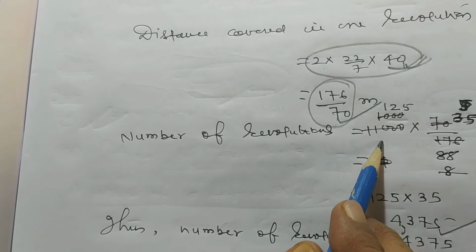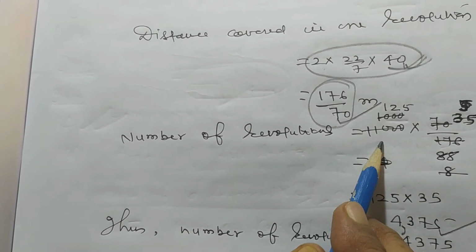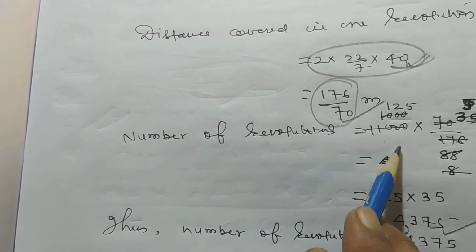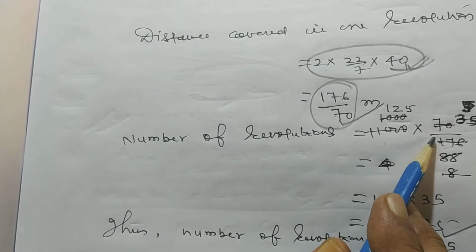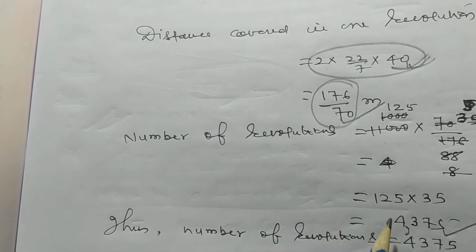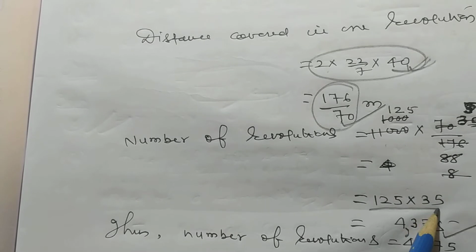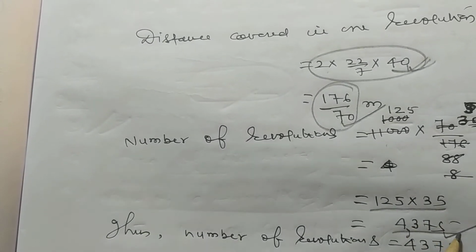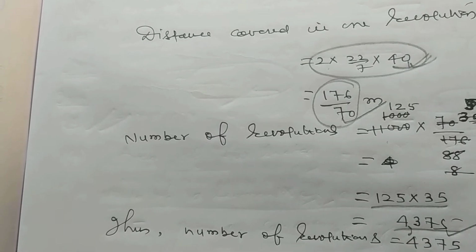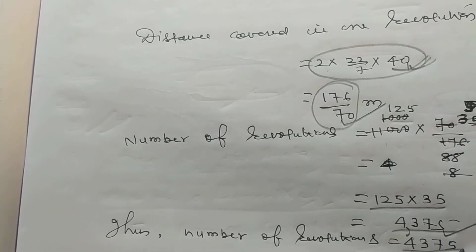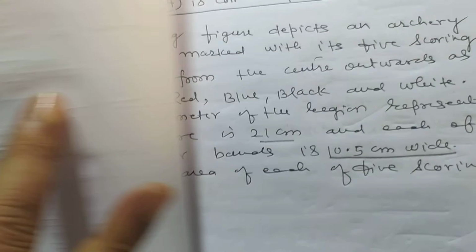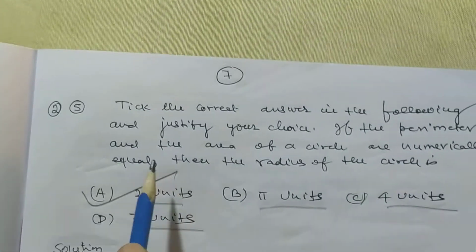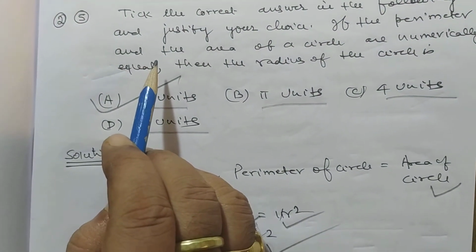Now, if you divide 11,000 by 176 by 70, it will be 11,000 into 70 by 176, and it will be 125 into 35. It will be 4,375. So, thus the number of revolutions is equal to 4,375.